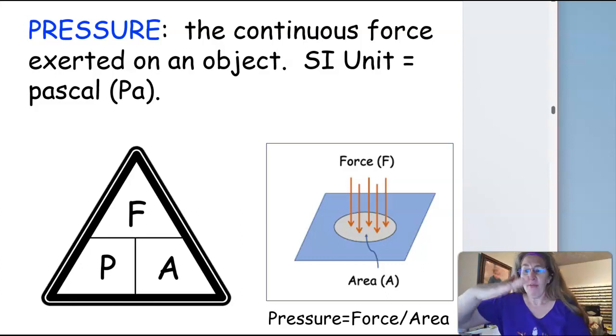So how much of my hand touches and how much I'm pushing down is going to affect the pressure on the desk. We will be doing more with pressure and formulas later on, but there is your triangle for the formula for pressure. It is pressure equals force divided by area.